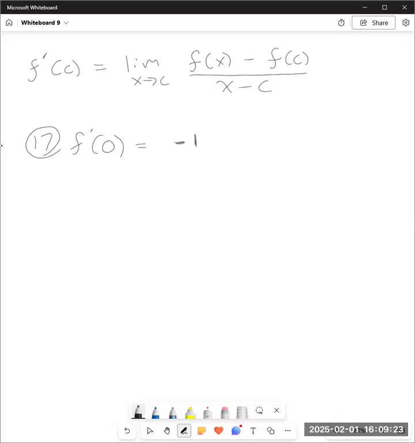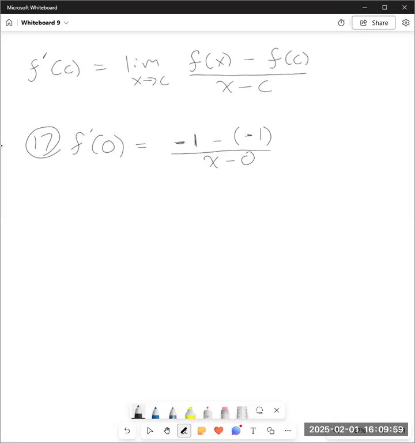That's all it is. There's no x's in it, minus f at 0, which is also -1, over x minus 0. Leave that x in there.